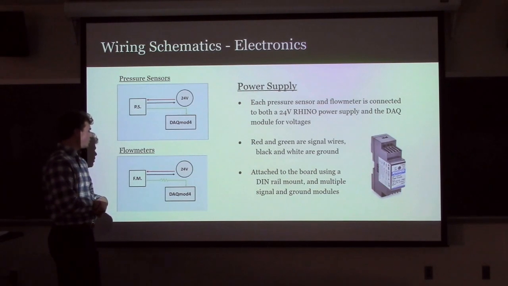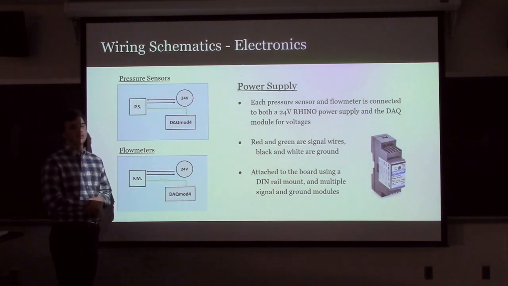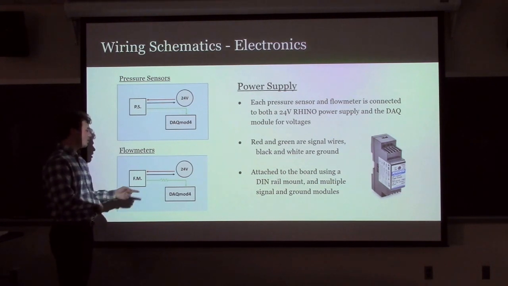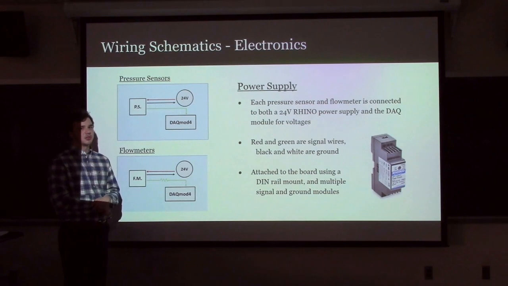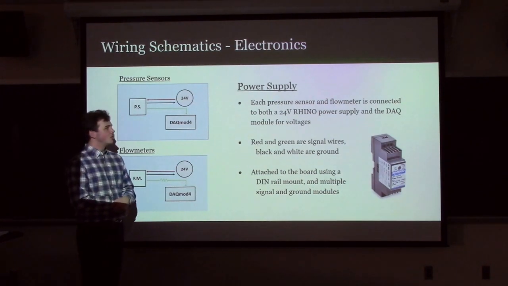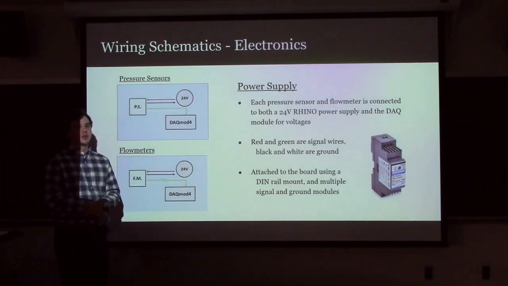The flow meter is a similar schematic, except that because we're using the old flow meters from the 2008 group, we had to add in a resistor of about 280 ohms, so we get voltage from it. In order to power these, we couldn't just use an external power supply like the one we were using for testing.